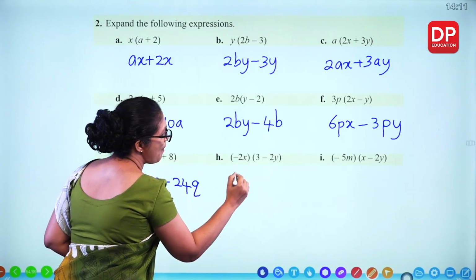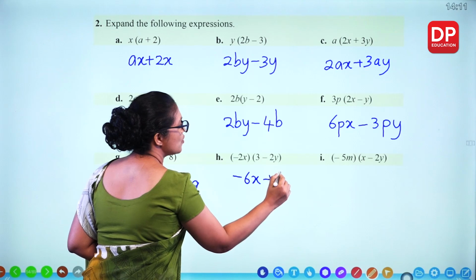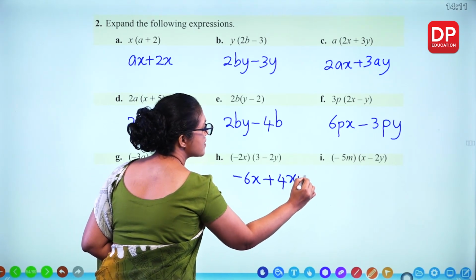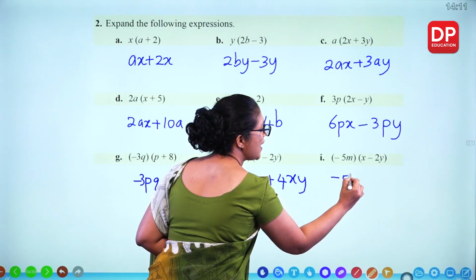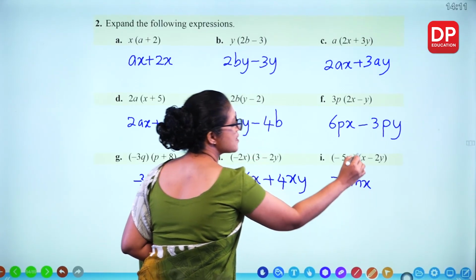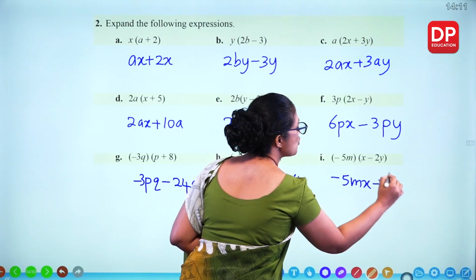This one, minus 6x, minus minus plus. 2 times 2, 4xy. Here, minus 5mx. That's the first term. Next one, minus minus plus. 5 times 2, 10.